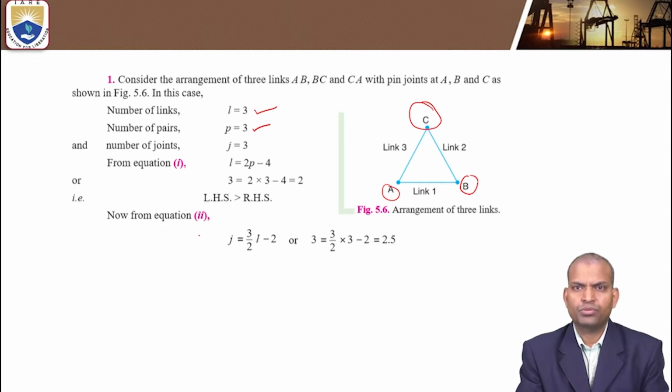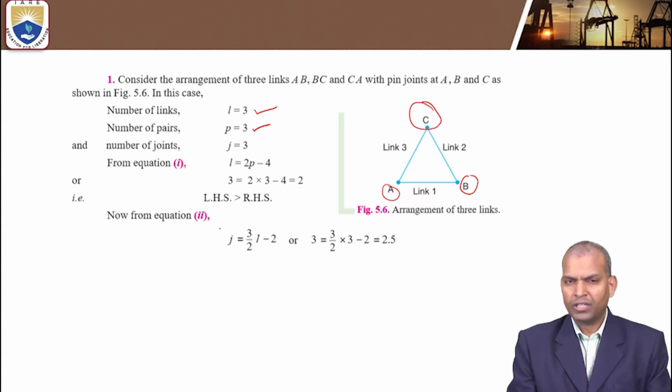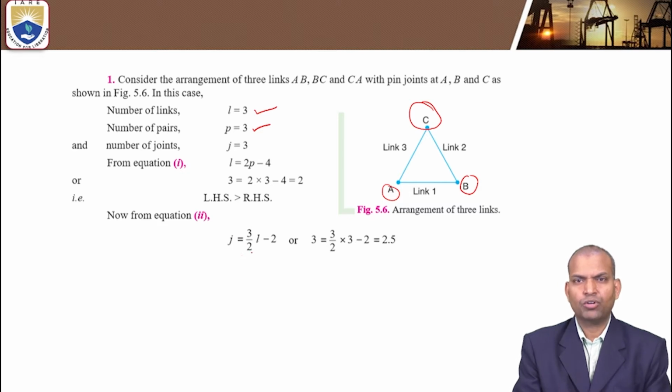Now, let us substitute in the equation L equal to 2p minus 4. L equal to 3, and 2 times p, 2 into 3 minus 4, that is 2. That means the left hand side value is greater than the right hand side value. Let us go for the second equation, J equal to 3 by 2 L minus 2, where the number of joints is 3 and L equal to 3.